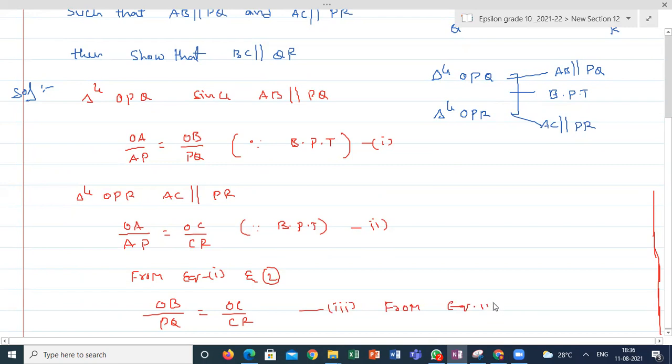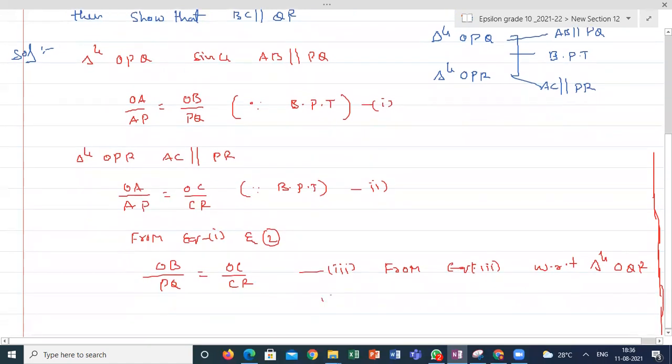Equation 3, if I apply it with respect to triangle OQR, if OB by BQ is equal to OC by CR, then I can say BC is parallel to QR.